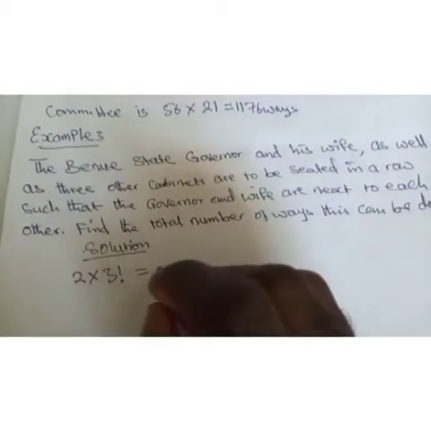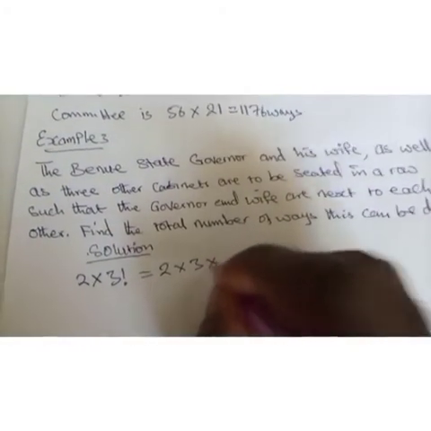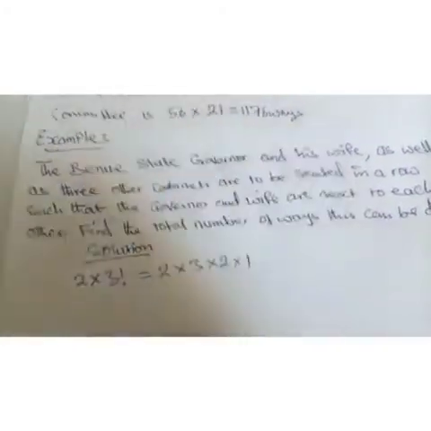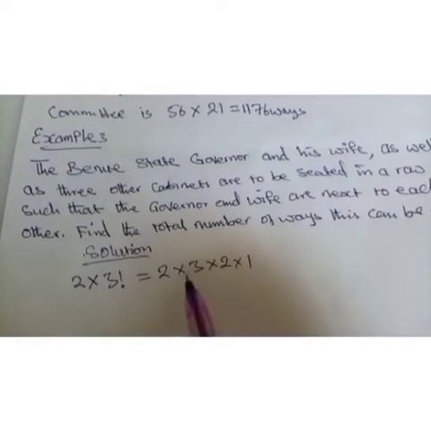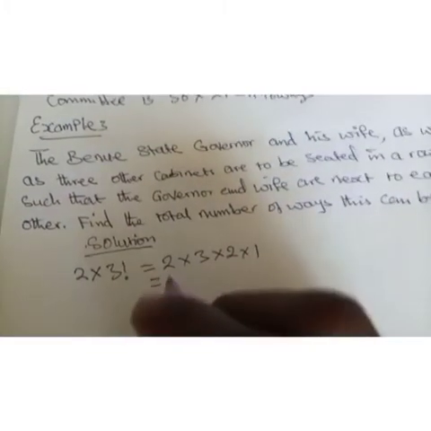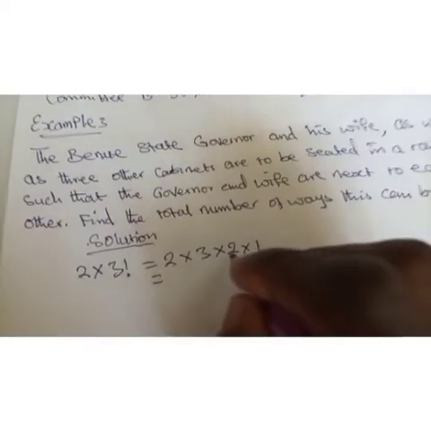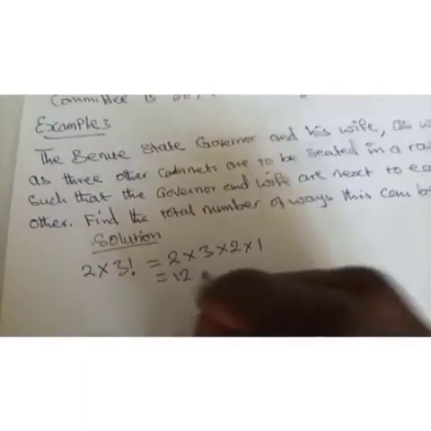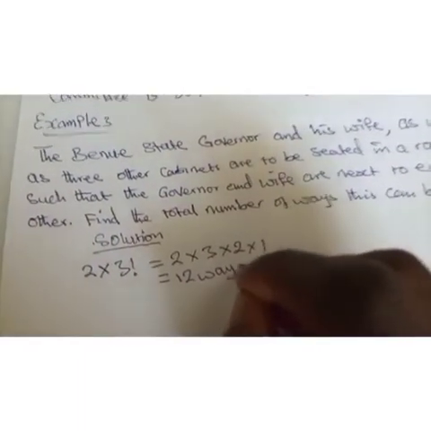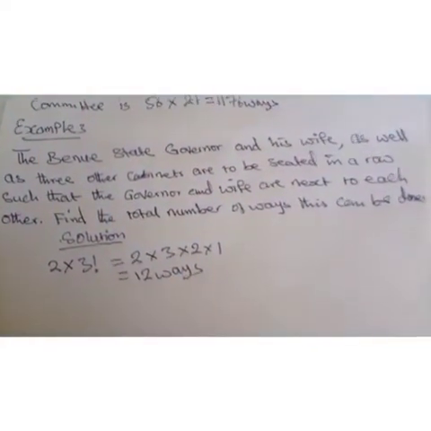So here will be 2 times 3 factorial, which is 3 times 2 times 1. So 3 times 2 is 6, 2 times this 6, we have 12 ways. Look at how the question is very simple, very short, interesting.